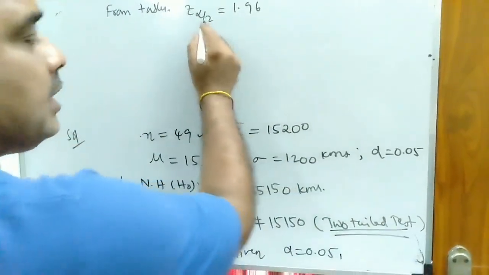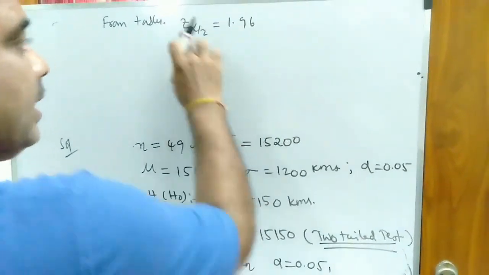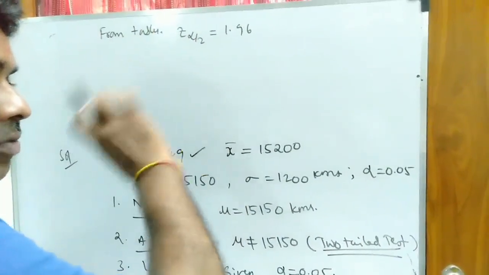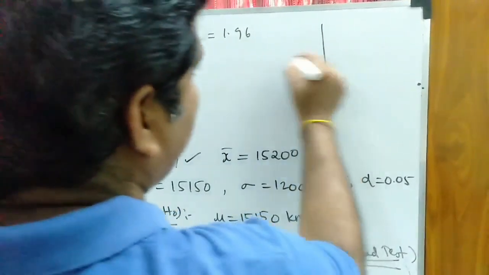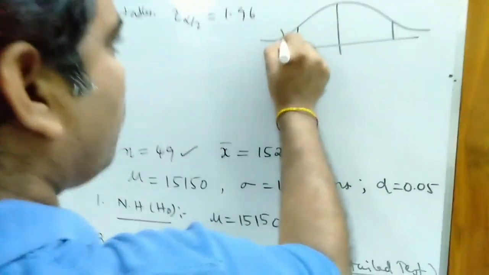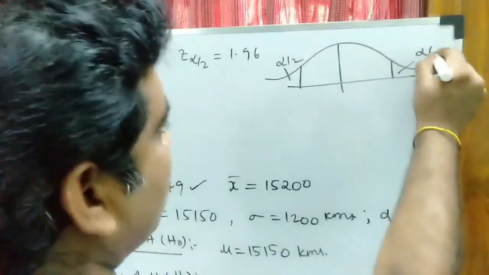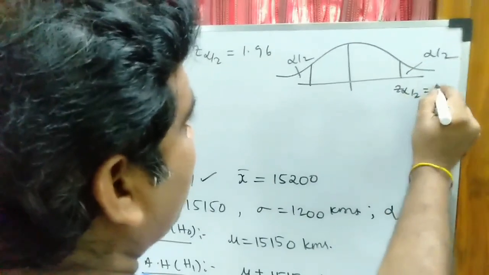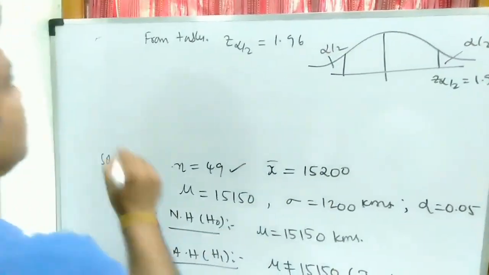Because it is a two-tail test it is Z alpha by 2. For a single tail test it is Z alpha. Both are different. And here Z alpha by 2, alpha by 2 on both sides equally. So here Z alpha by 2 is 1.96.